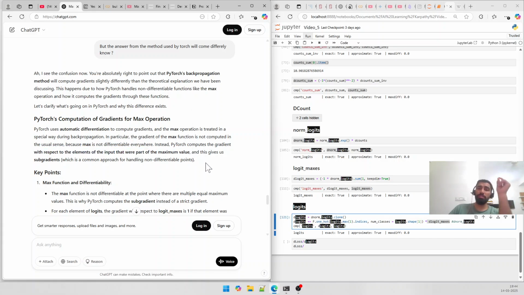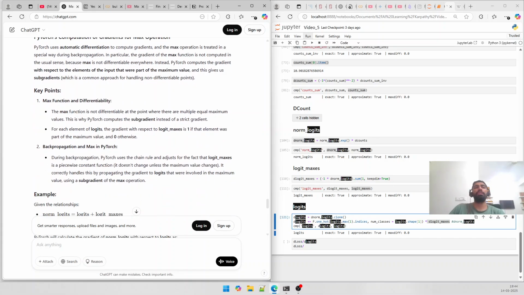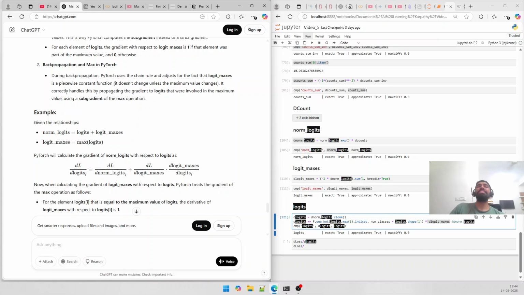So wherever we are picking out those maximums in each of the rows, those get differentiated and we get a one in place of that. Apart from that, all others are zero. It has a term known as subgradients rather than gradients. It's a subgradient. As a result, you see this behavior.